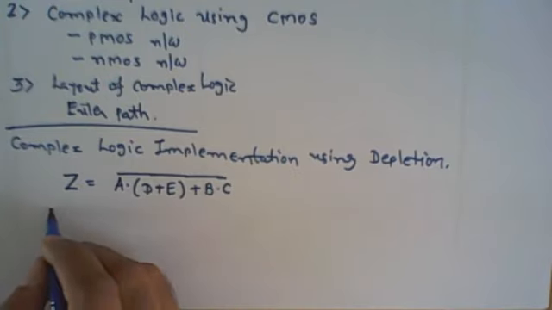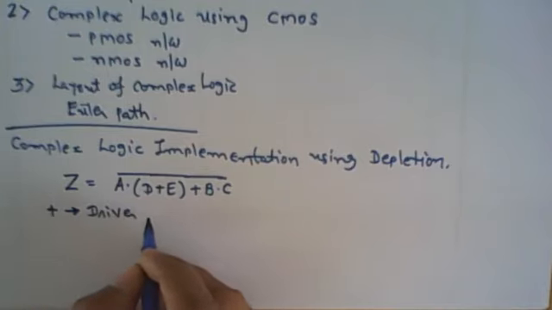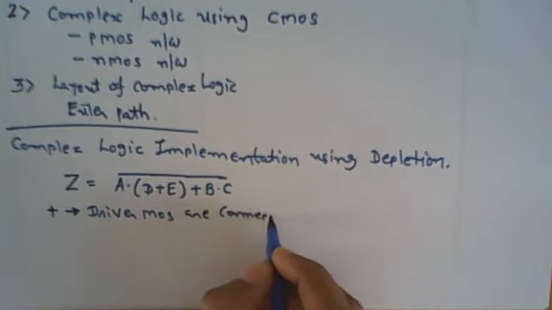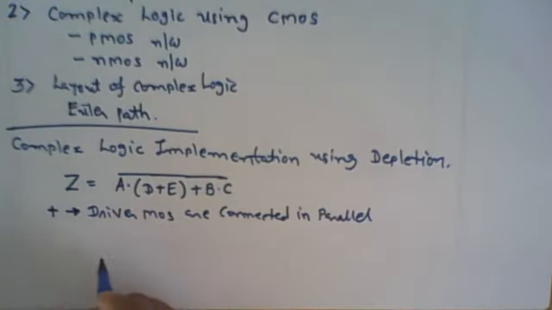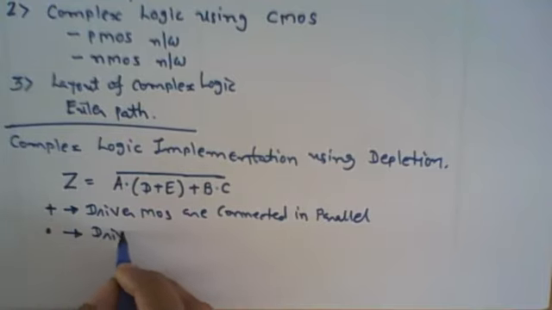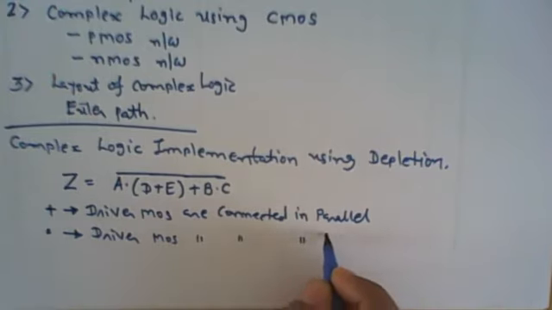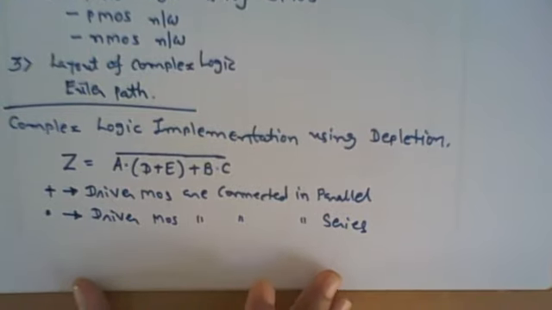And to implement a plus, driver MOSFETs are connected in parallel, and to implement an AND functionality, driver MOSFETs are connected in series.